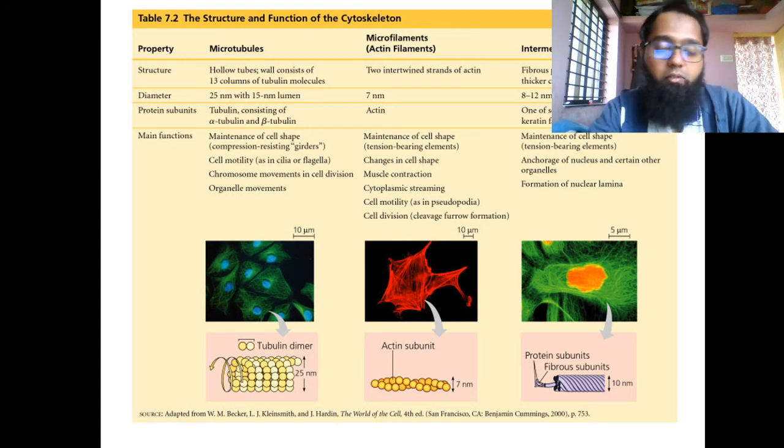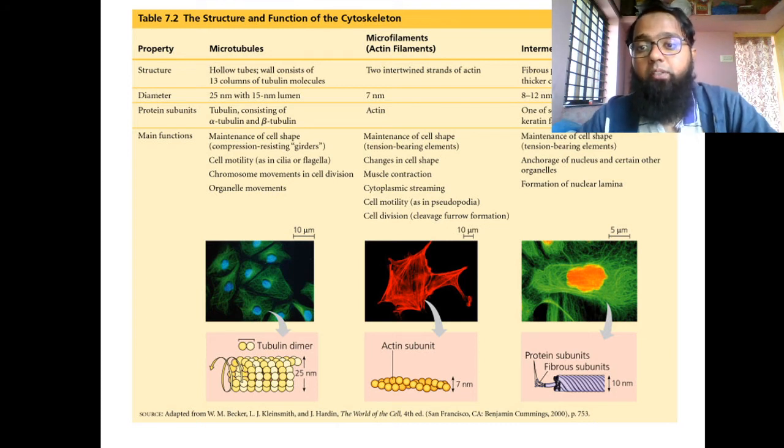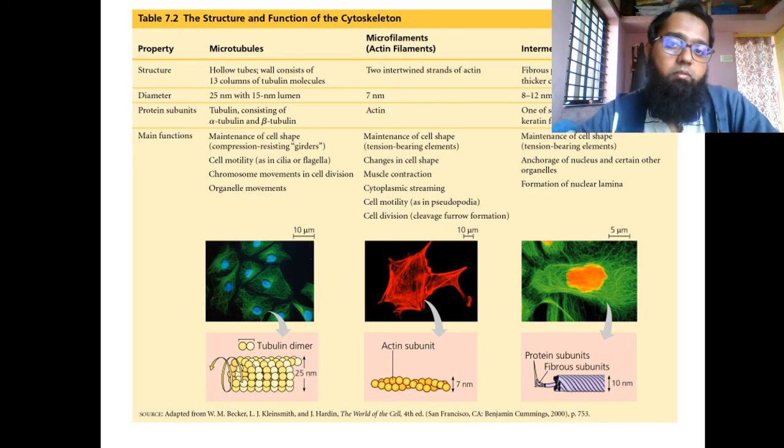The diameter is also comparable, very clearly visible on the screen. The protein subunits present in the microtubules are tubulin, alpha and beta tubulin, in the microfilaments it is actin protein, and in the intermediate filaments it is a different type of protein, found in the keratin family. That means generally proteins from the keratin protein family.